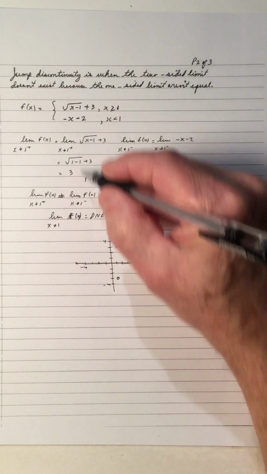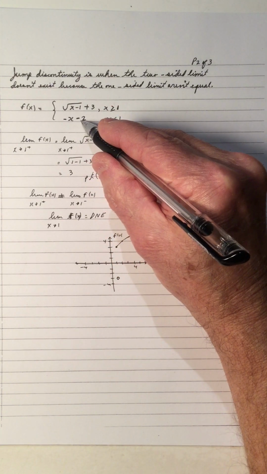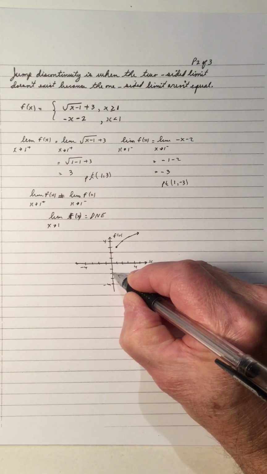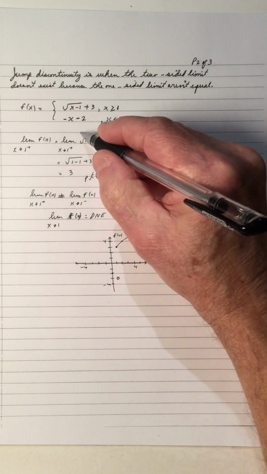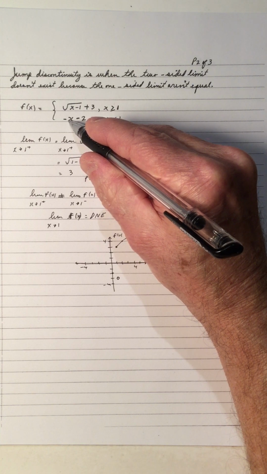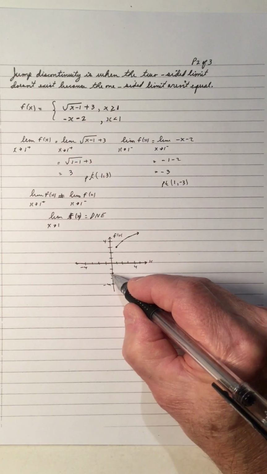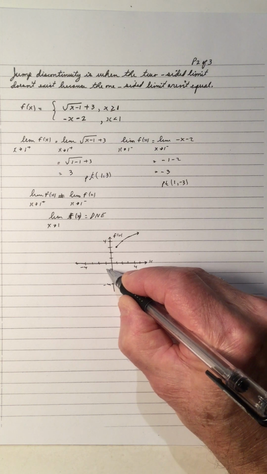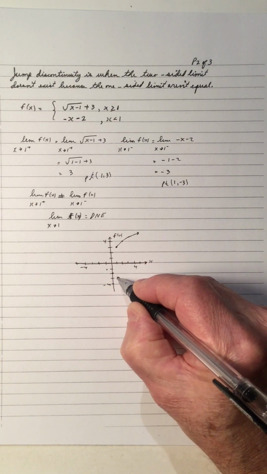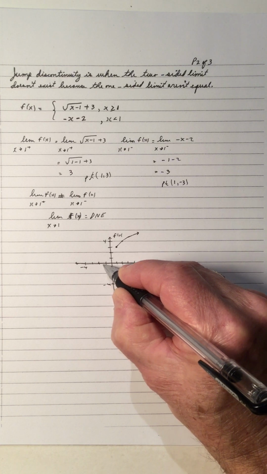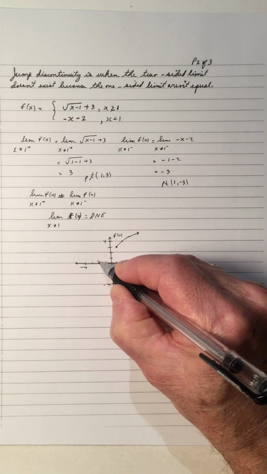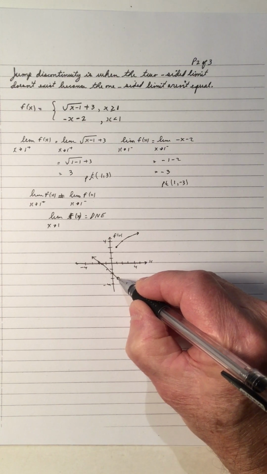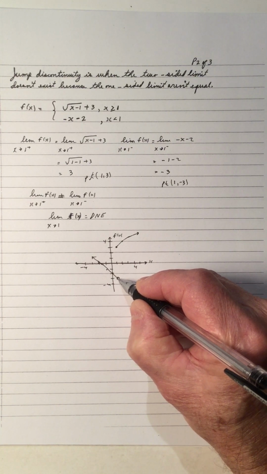It's a line whose y-intercept is negative 2, right here, and the slope is negative 1, so it's down 1, right 1, or up 1, left 1. So this is part of this line, the left side of this line starting here. But notice this is a hollow dot.